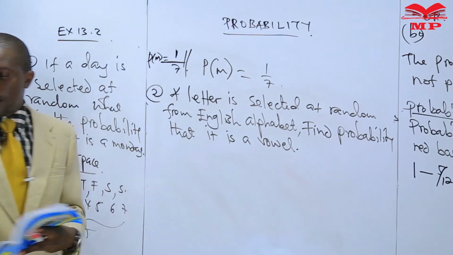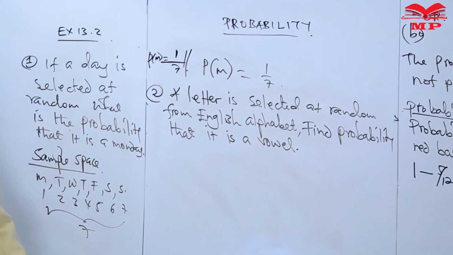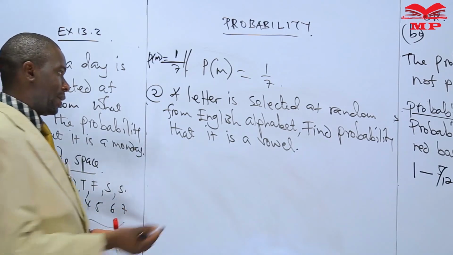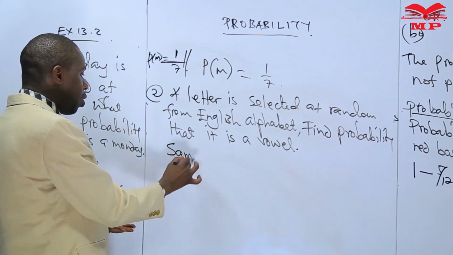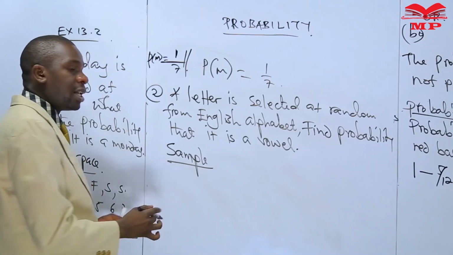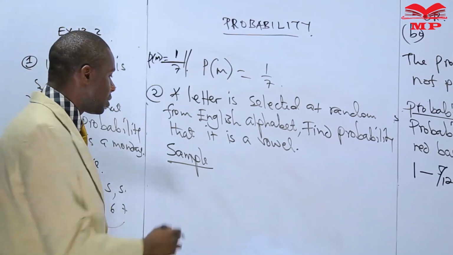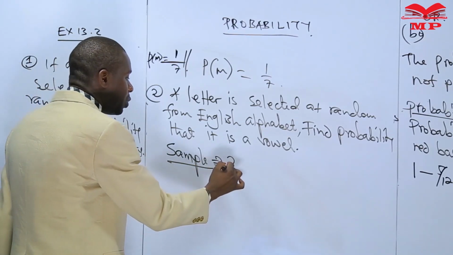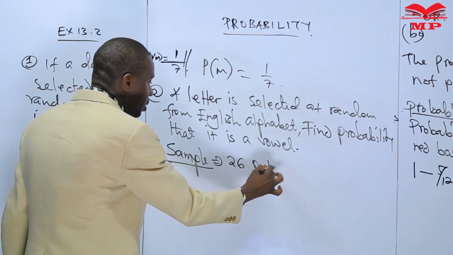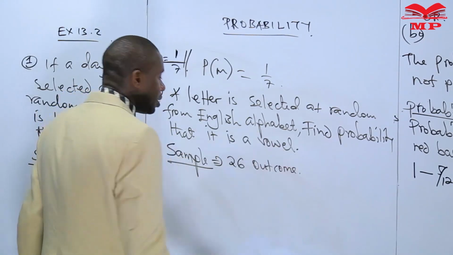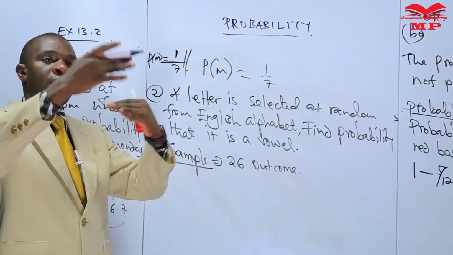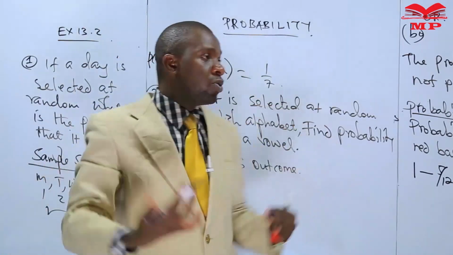Now, again, in this case, we have to know our sample space. Our sample space, or the total number of outcomes, including both vowels and consonants, has 26 outcomes. In other words, the letters in the English alphabet are normally 26.